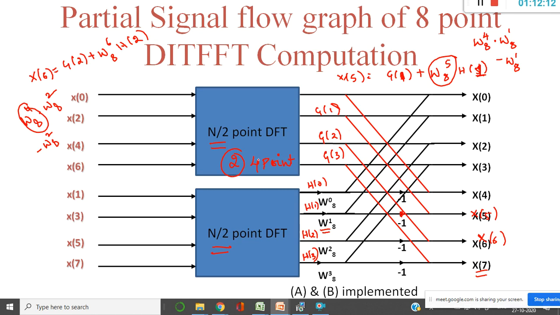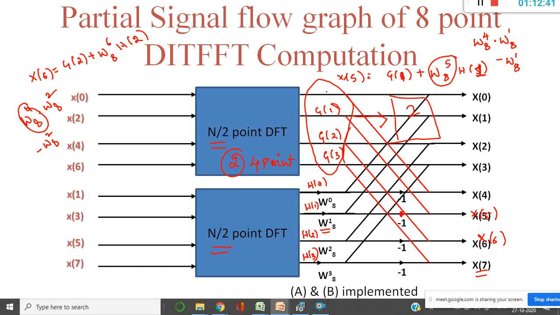What we'll discuss in the next class is, now you already got to know dividing the n value by n by 2. Once again, these g of 0, g of 1, g of 2, g of 3, again it is a 4-point DFT, right? Now think, is it once again possible to divide this by 2?